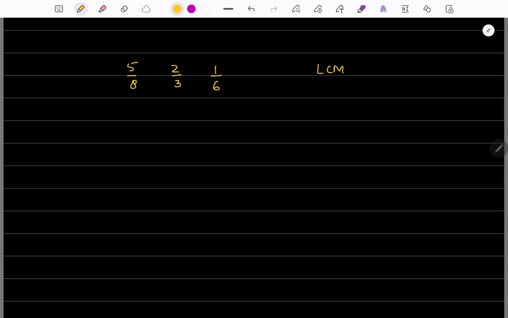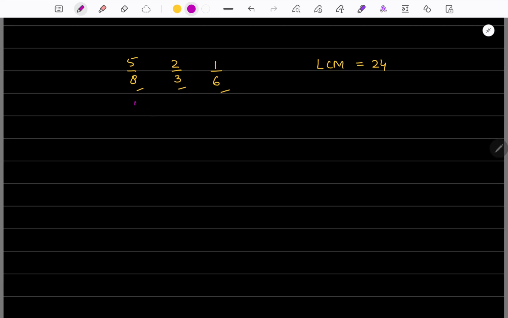LCM of 8, 3 and 6, the denominators, comes out to be equal to 24. Once we know the LCM, the second step comes. The second step says that we have to find the equivalent fractions for all these fractions so that their denominator equals the LCM that we just found, that is 24.